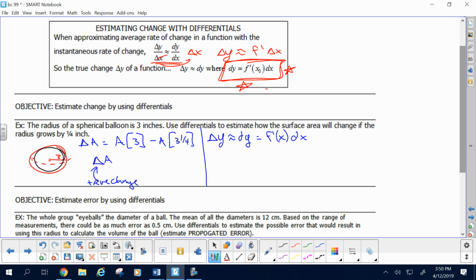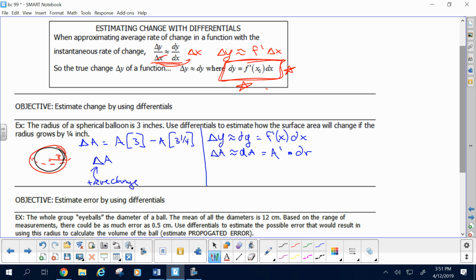Now, go to the problem specific. In this case, we're not talking about x's and y's. We're talking about the area and the radius. So the change in the surface area can be approximated by dA, and that would be the derivative of A times change in the radius.